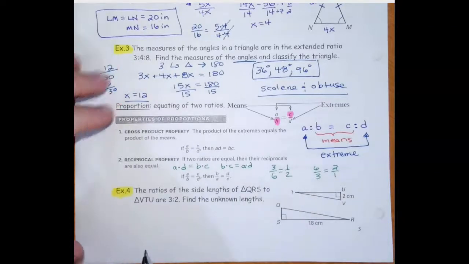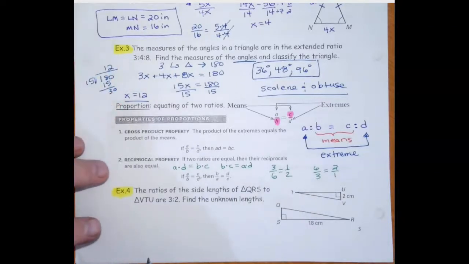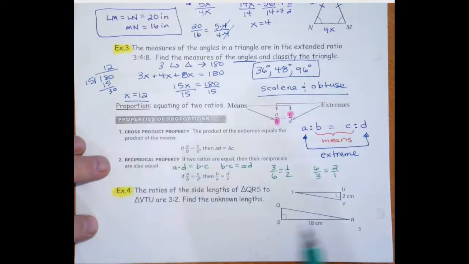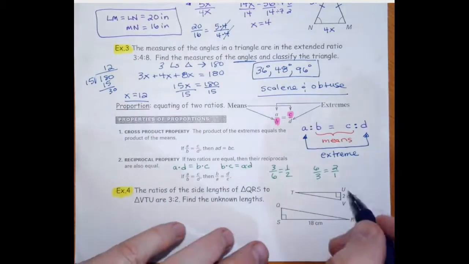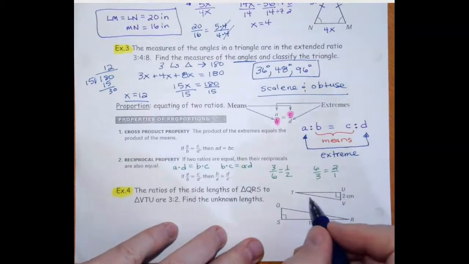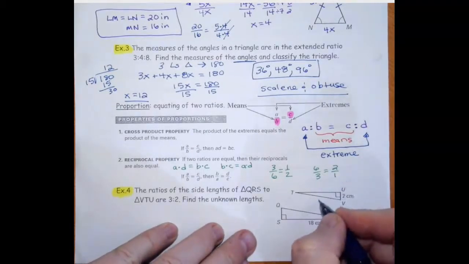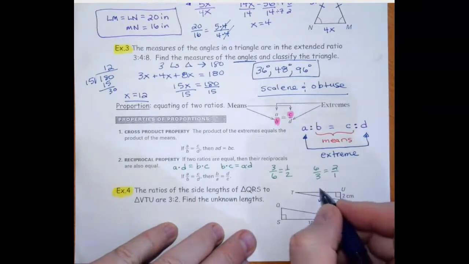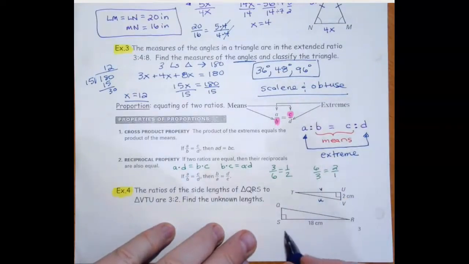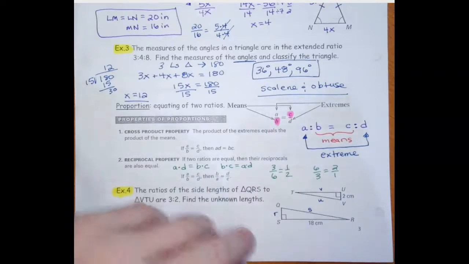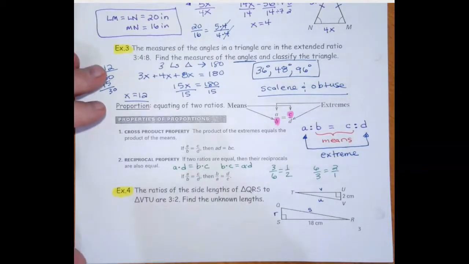Now, let's see what we want to do here. So normally, when we're looking at a triangle, we use a lowercase letter to represent the sides. That would be lowercase t, this would be lowercase u, this would be lowercase v, this would be lowercase s, this would be lowercase r, that'd be lowercase q. Alright?